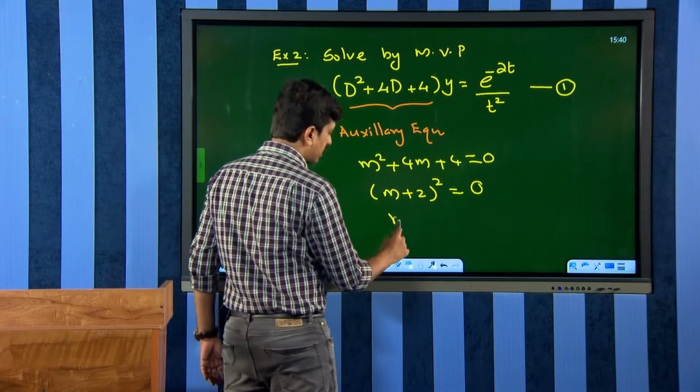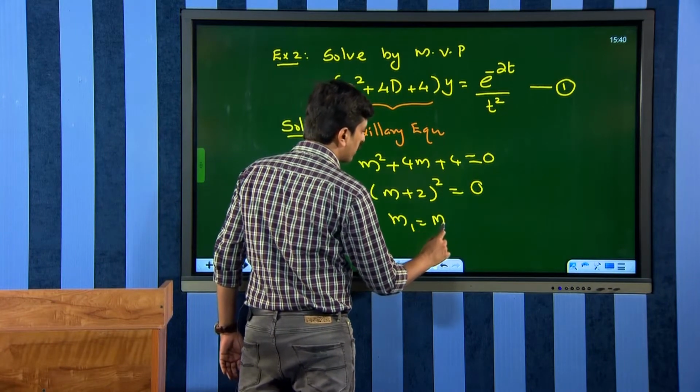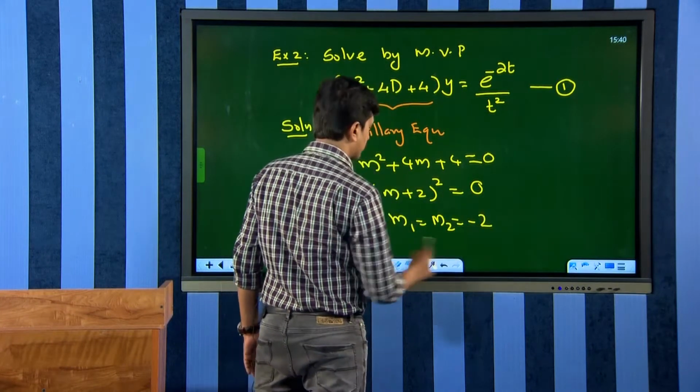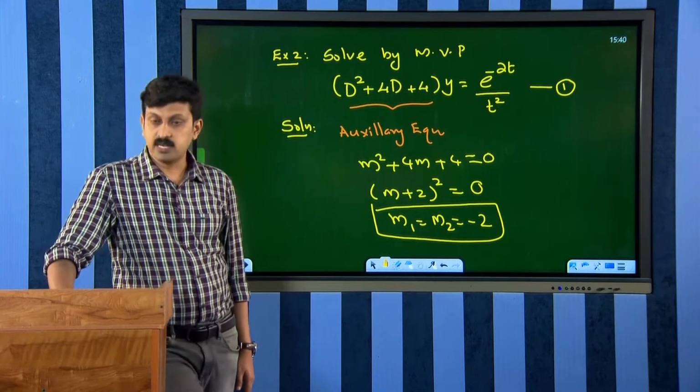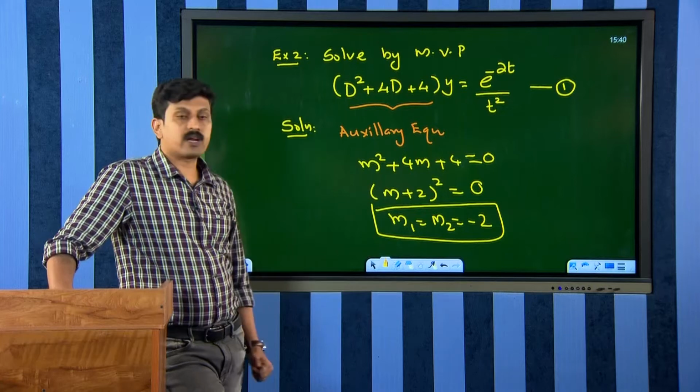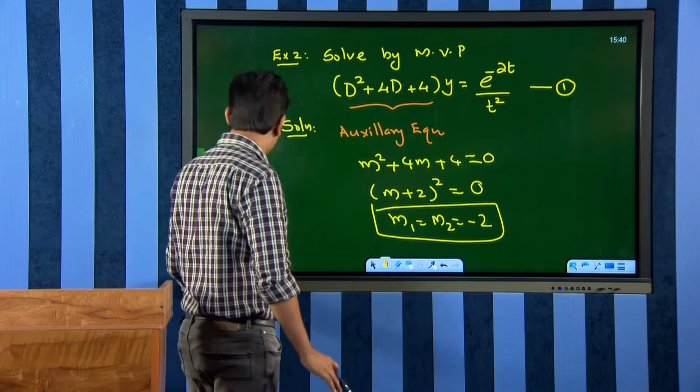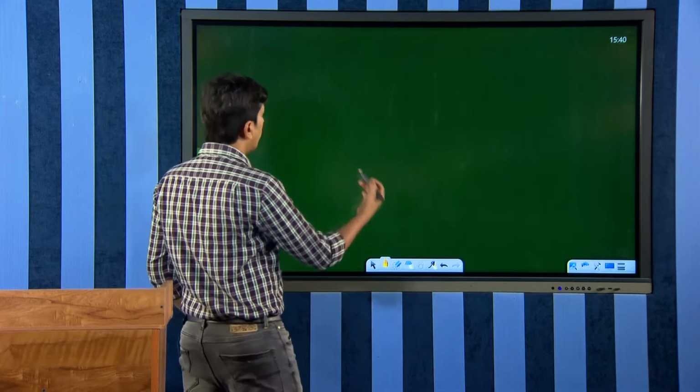Therefore, there exists a double root m1 = m2 = -2 of the auxiliary equation. Now we are able to find the general solution for the homogeneous part.